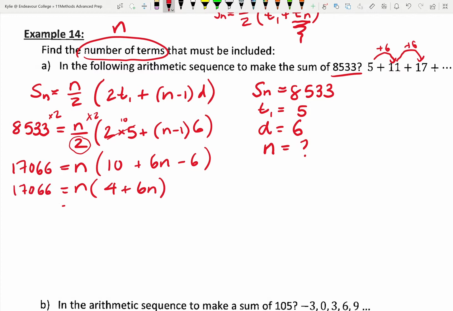I'm going to expand the left-hand side to get 6n squared plus 4n. And I'm going to bring this 17,066 over by subtracting on both sides. Now we've got a quadratic that is equal to 0. So you can solve this a number of different ways.